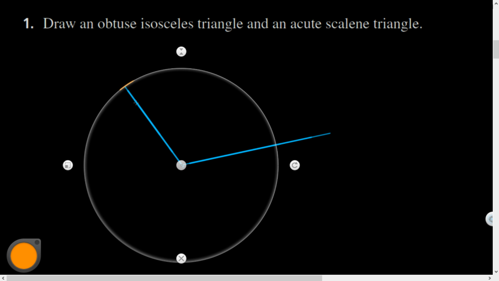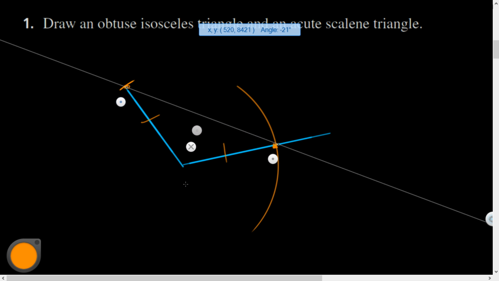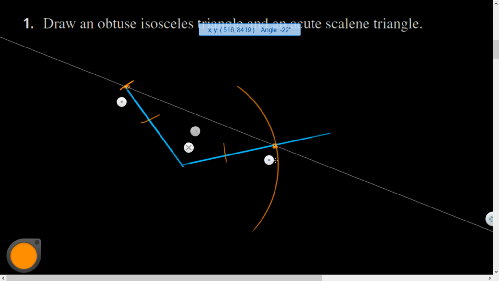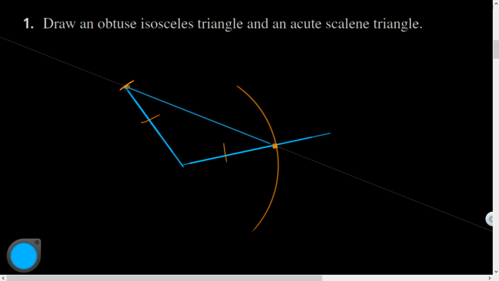So I'd mark my compass over there and then swing it around over here, and this will then be isosceles if I connect those points, because those two are congruent lengths. I think you'd agree, right? And then, oh, I almost lined that up just right. And right there, my friends, is an obtuse isosceles triangle. That's right, Lauren.